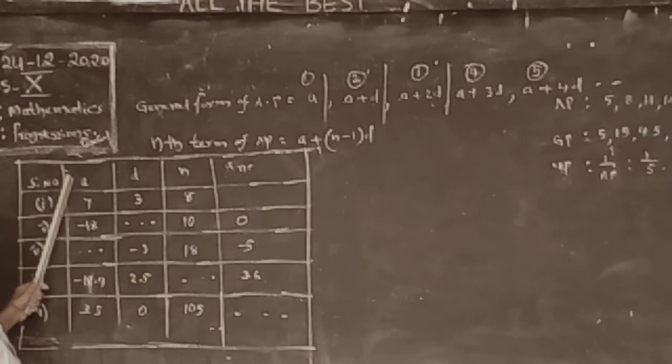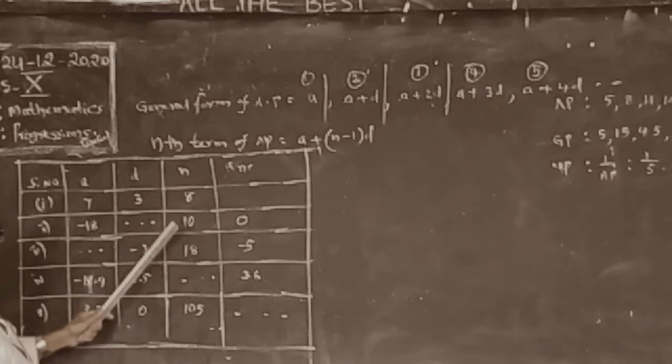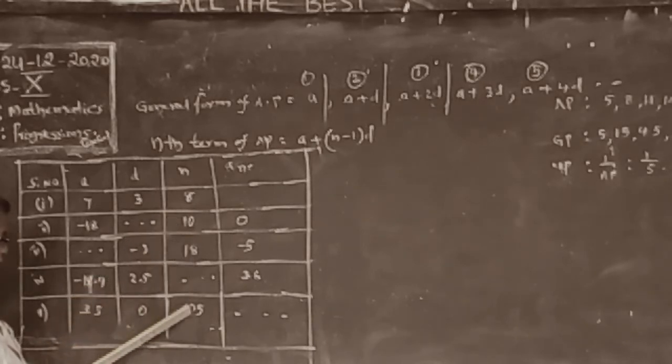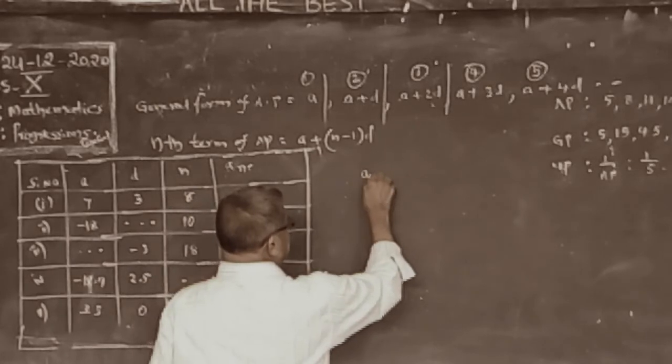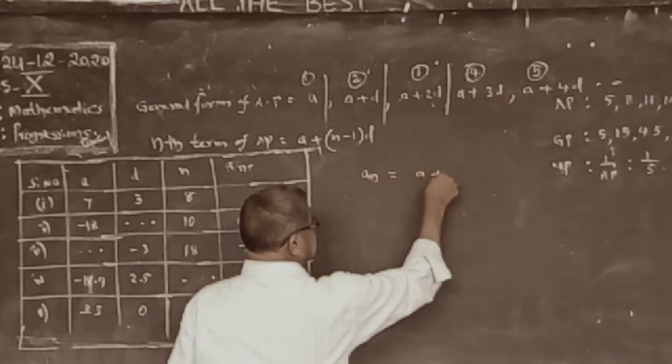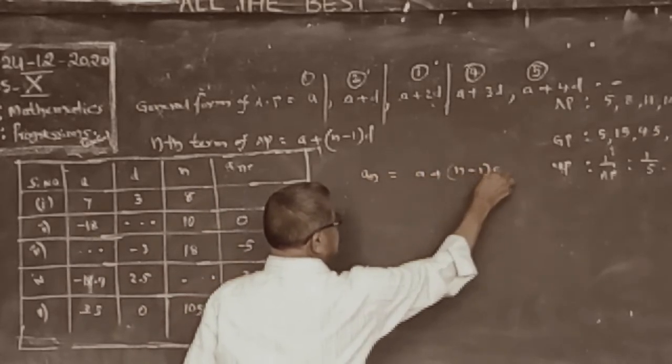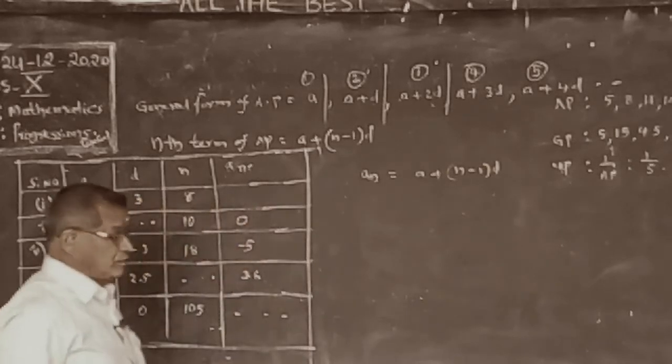Here A is the first term, D the common difference, N the nth term. Eighth term is this, 10th term, 18th term, 105. The nth term of AP: An is equal to A plus n minus 1 of D. Substitute the given values.